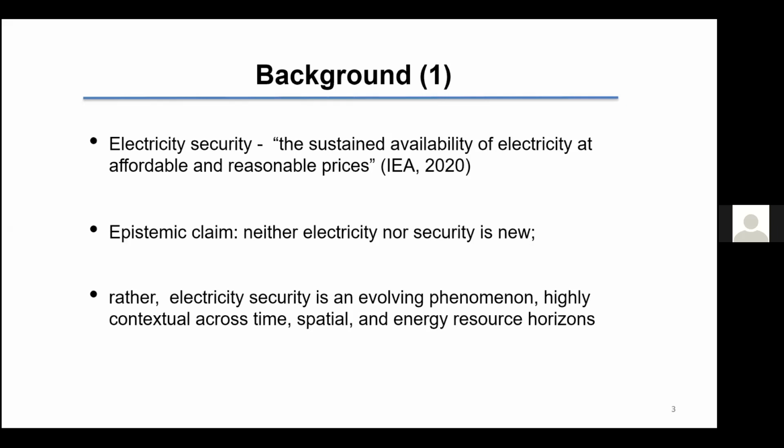The knowledge claim here is that neither electricity nor security is new. Electricity goes back to the second industrial revolution, 1870 up to the 1930s, which was punctuated by an increase in manufacturing of steel and iron, which required heavy energy, and was actually called factory electrification at that time.